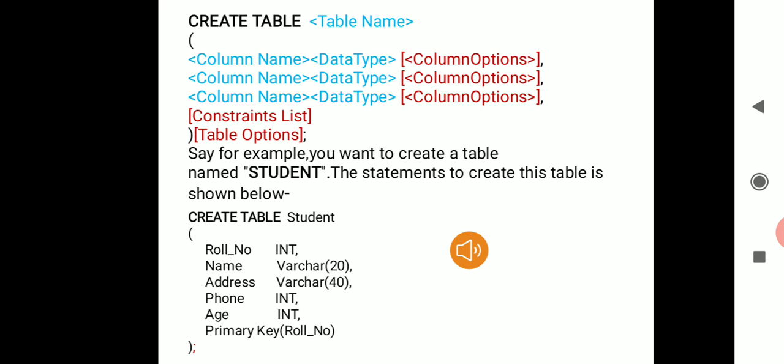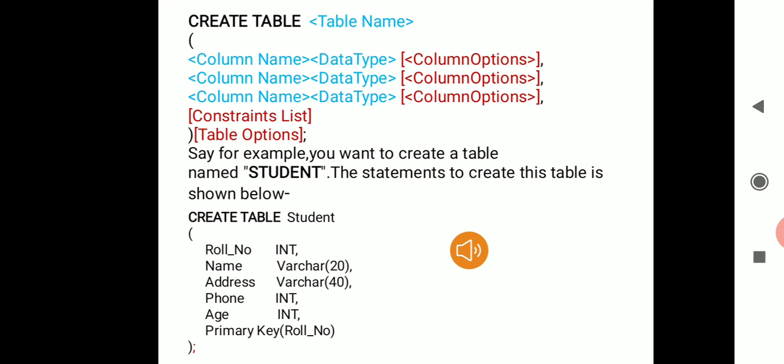Similarly, in the next line, see the text phone int. The text phone is for the column name and the text int is for the data type in the syntax above.